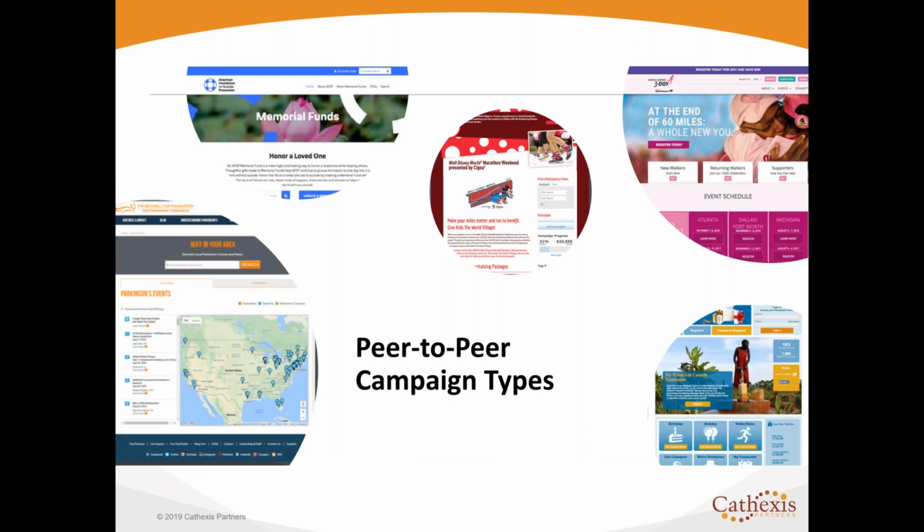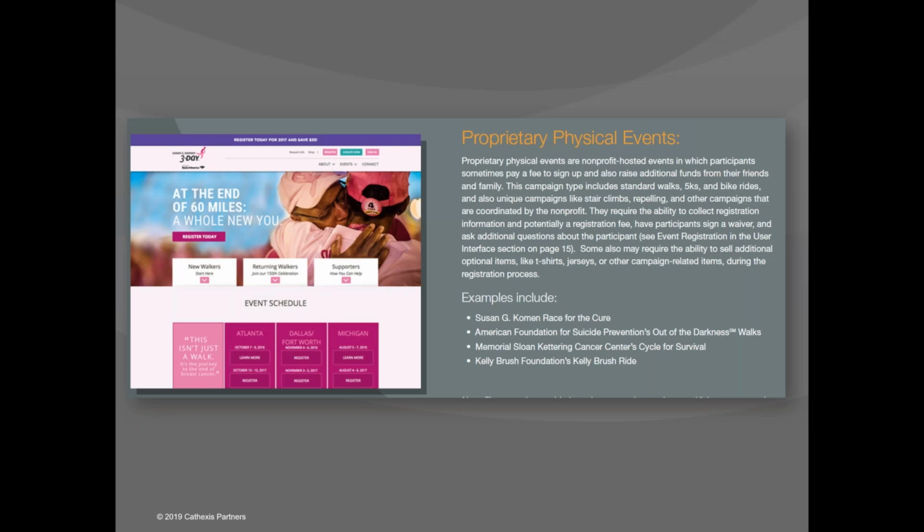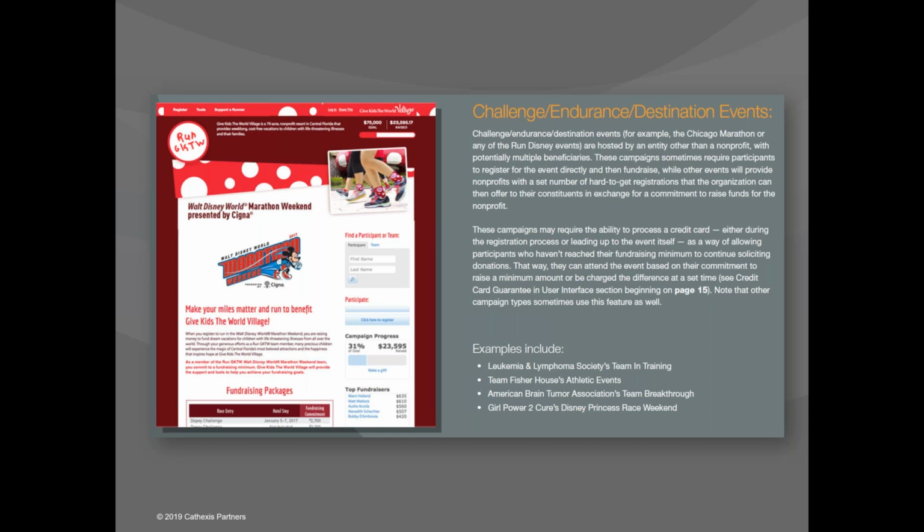Then there's discussions about what type of campaign you are going to have. Old school, is it going to be a proprietary physical event like a 5K or maybe a multi-day walk like the 3-Day does, Susan G. Komen 3-Day? Or is it going to be a challenge event where you're more than likely not, as an organization, putting on the event yourself?